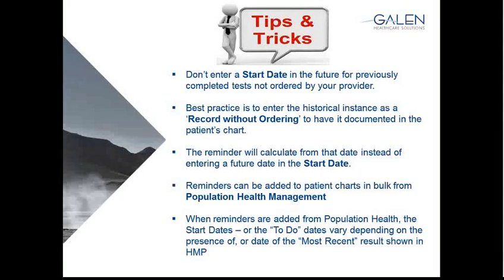Reminders can be added to patient charts in bulk from population health management, and we'll be talking about that in a little bit greater detail. But when the reminders are added from population health, the start dates or the to-do dates vary depending on the presence of, or the date of, the most recent result shown in HMP.